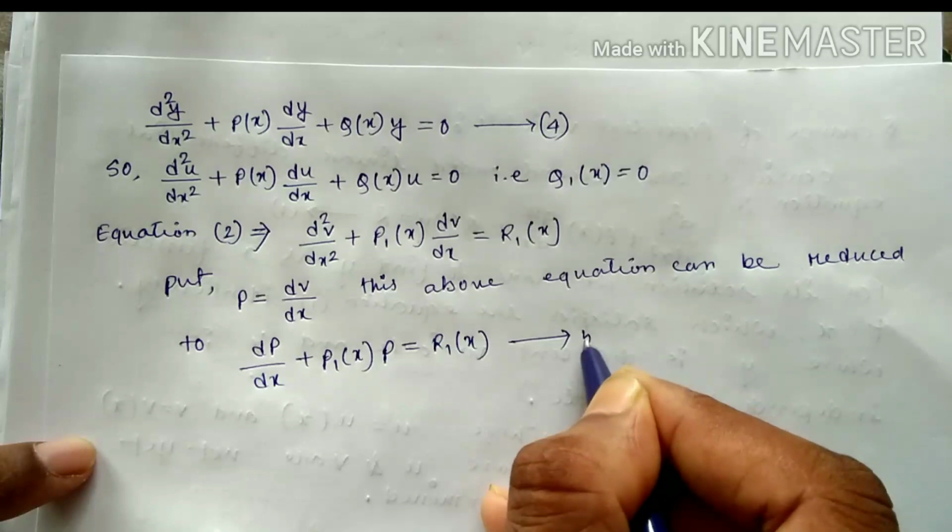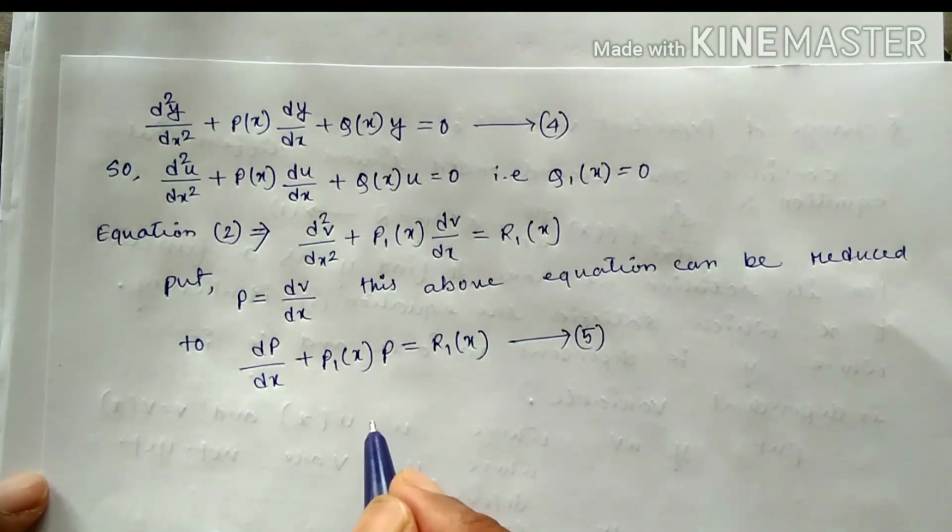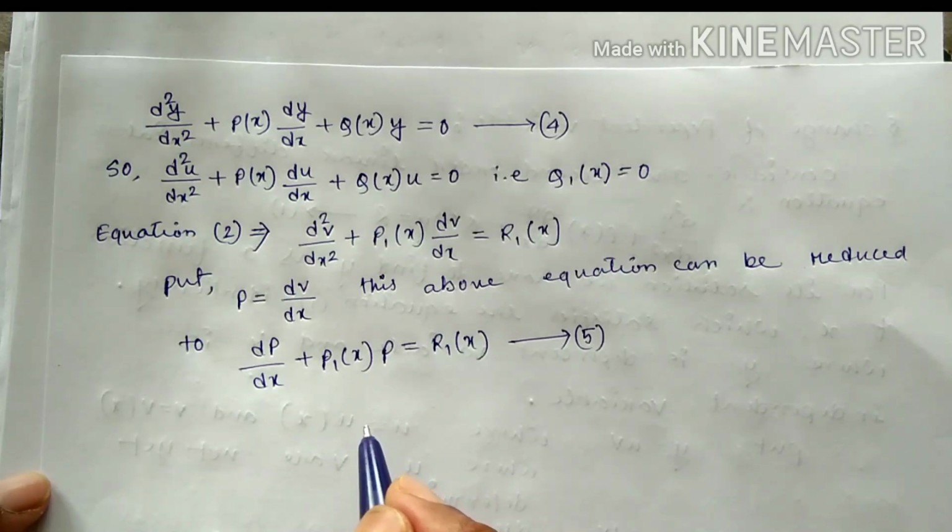Denote this equation number 5. This is a linear first order differential equation in p.